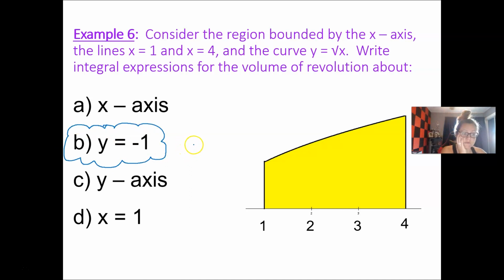So you don't have to revolve around only the x-axis and the y-axis. You could take a function and revolve it around, like, y equals -1 or x equals 1. I just wanted to let you know that that's a thing. But we're not going to worry about that because I don't want to do too much for this last week of notes.